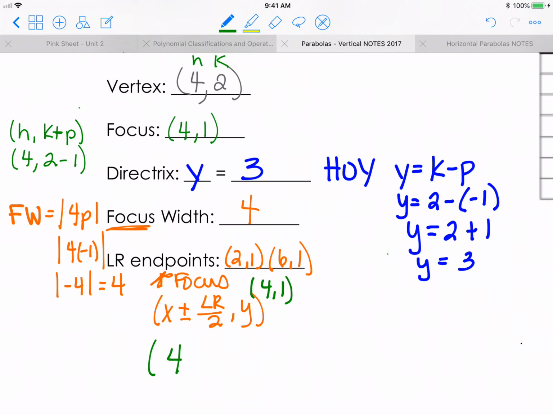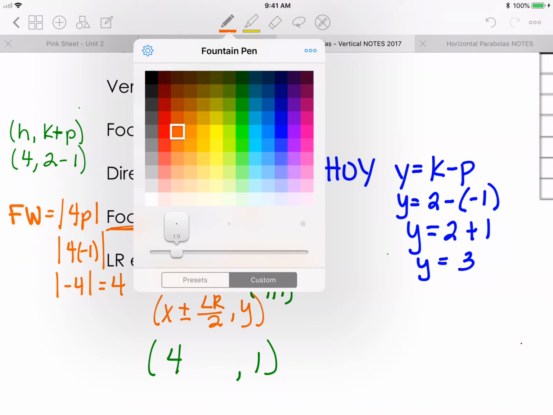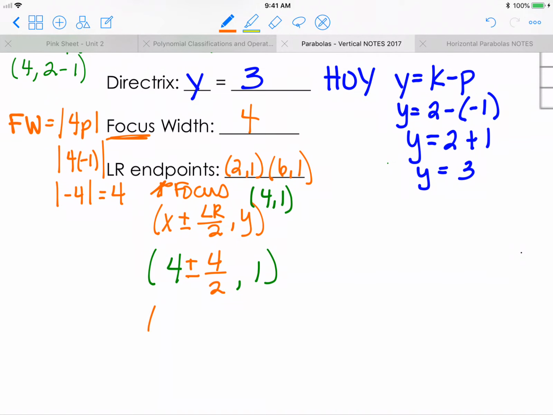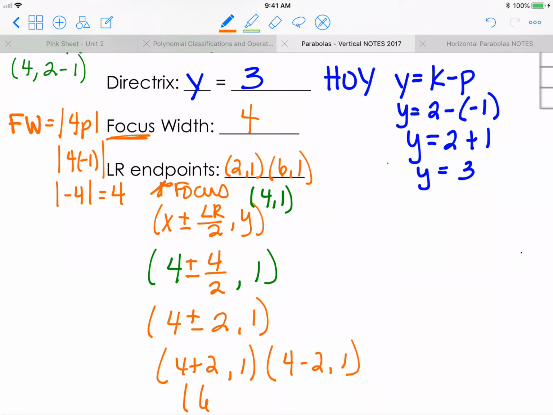So your x is 4, your y is 1. Our focus width was 4 divided by 2. So now we have 4 plus or minus 2, comma 1. So you get 4 plus 2, comma 1, and 4 minus 2, comma 1. So we get 6, comma 1, and 2, comma 1, which is exactly what we got up here when we graphed them.